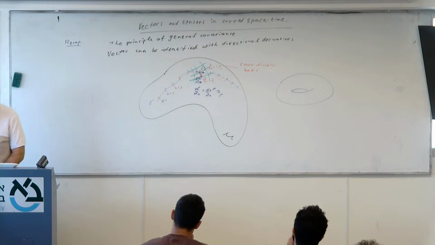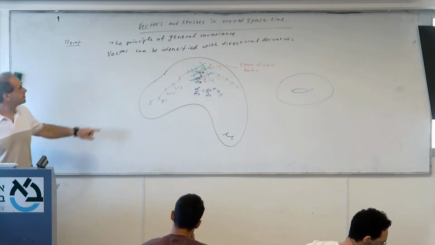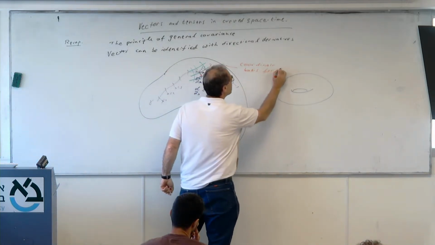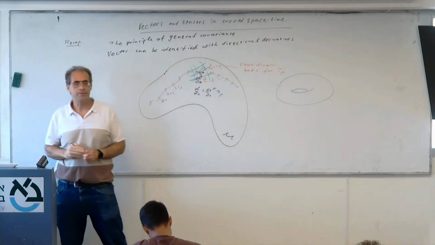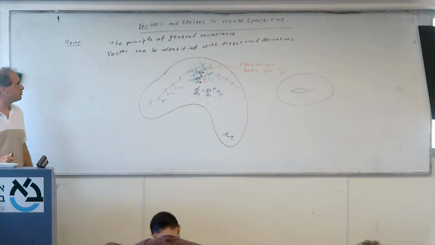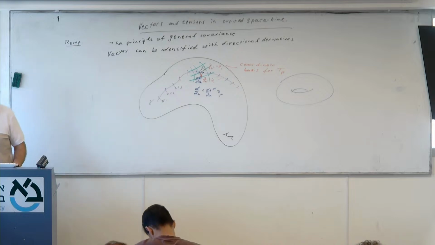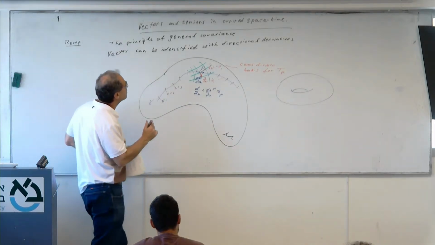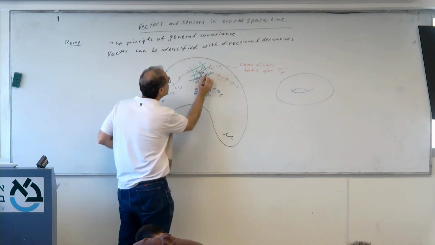Okay, so this is a coordinate basis, of course, for TP. TP is the tangent space to the manifold M at P. And once we have that, if you want to change to a different set of coordinates, so the red coordinates, let's do purple coordinates.